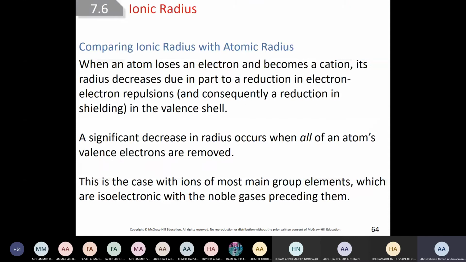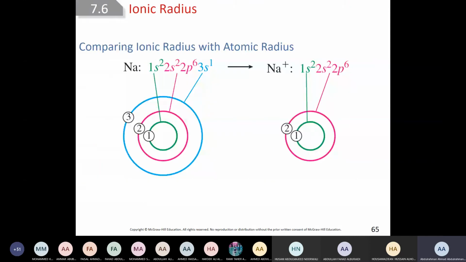But when you take electron from element, for example, sodium is 1s2, 2s2, 2p6, 3s1. When you make it Na plus, it will be 1s2, 2s2, 2p6. What will happen to the size? It gets smaller, decreasing.